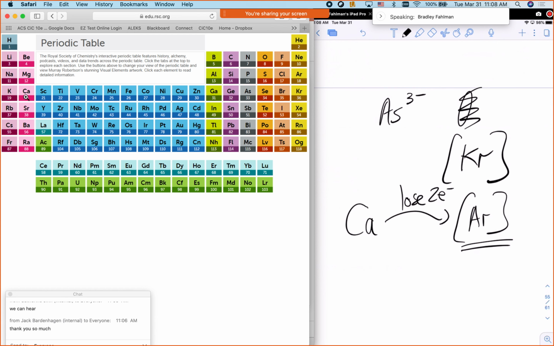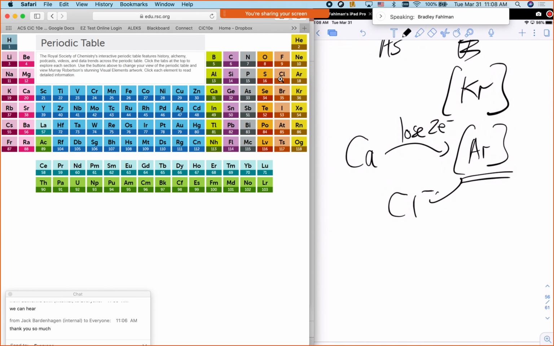Okay, and there are exceptions. Chlorine, for instance, likes to be Cl minus most of the time, which has argon's configuration. But you will find some compounds where chlorine has a +1 or +3 charge, or these really weird charges that don't make sense based on the noble gas configuration.